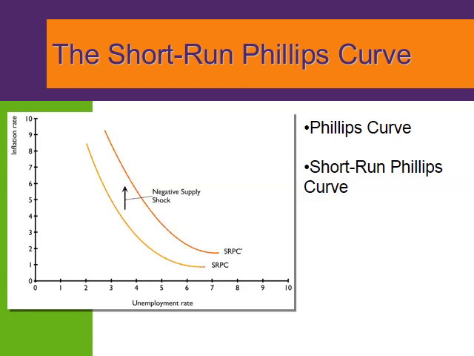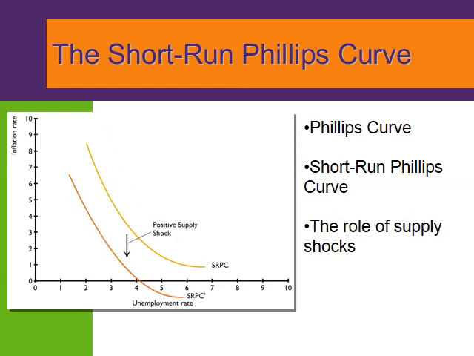What about movements then in the short-run aggregate supply curve? When short-run aggregate supply decreases along the aggregate demand curve, both unemployment and inflation rates rise. This is shown as an upward shift of the short-run Phillips curve. We know that when short-run aggregate supply increases along aggregate demand, unemployment and inflation rates fall.